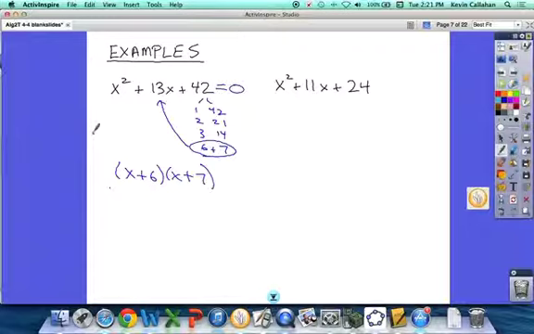It's in two different terms. Because the x's are raised to different powers, they're not like terms, so I can't combine them. So there's no way to isolate the x, right? So this, we can't solve. This, we can. And we'll learn about that, like I said, in the next section. But that's why we go from standard form to factored form, because it's going to help us to solve equations. And in the end, not just quadratics, but all the polynomials of quadratic and higher.